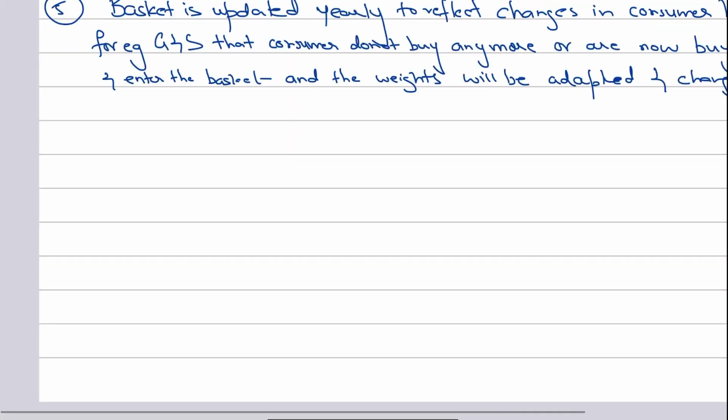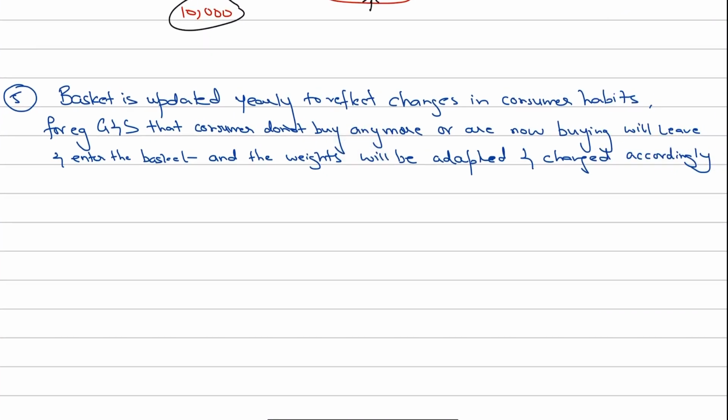That is what I've written over here, that the basket is updated yearly to reflect these changes in consumer habits. Those goods that consumers do not buy anymore, or those goods that they are now buying, will leave or enter the basket. And then the weights will also be updated and changed accordingly, right? Not only will the basket be updated to reflect changes in consumer habits, but the weights are also changed to reflect the changes in the proportion of income that is spent on the basket of goods and services.